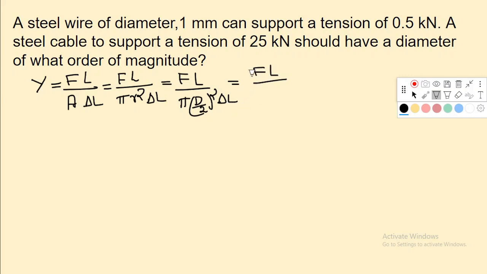This 4 will come to the numerator. So 4 F L divided by pi d square into delta L.